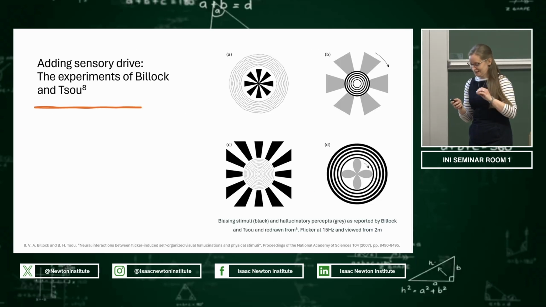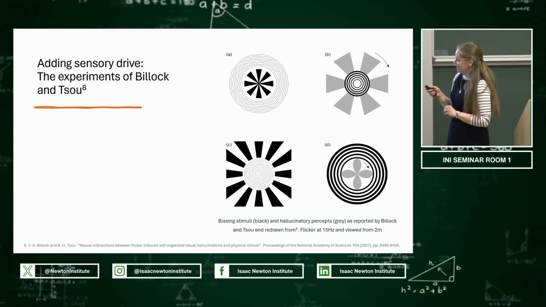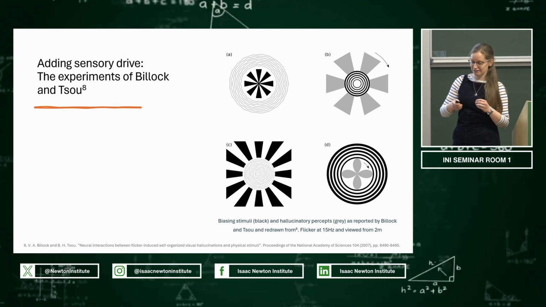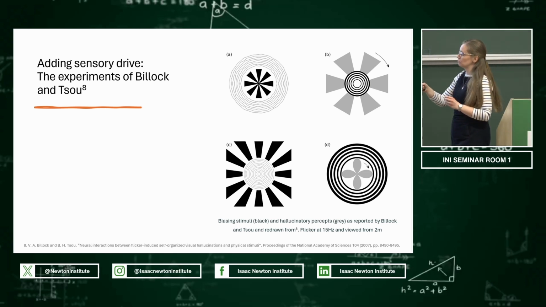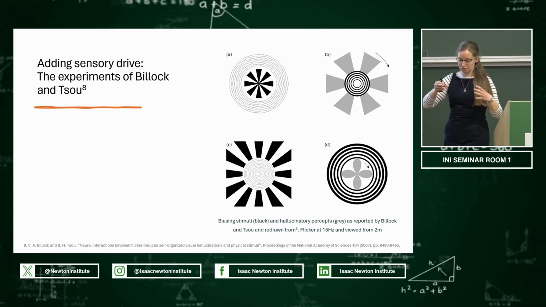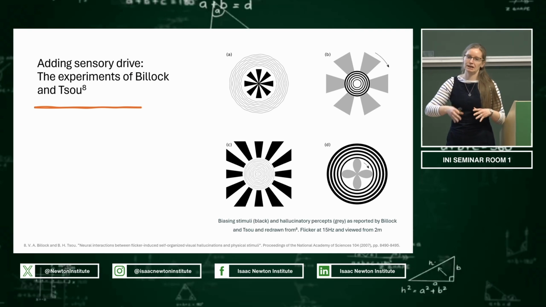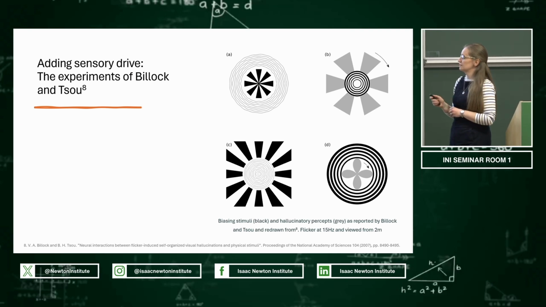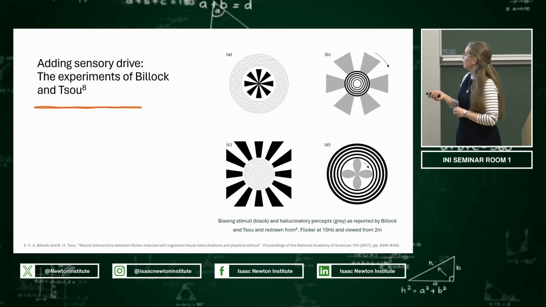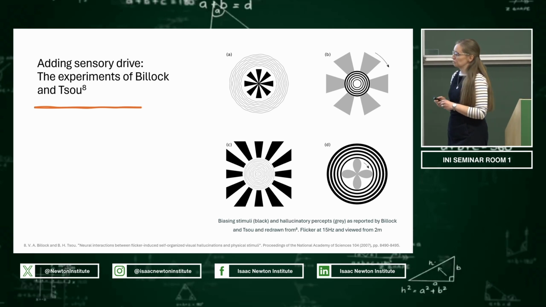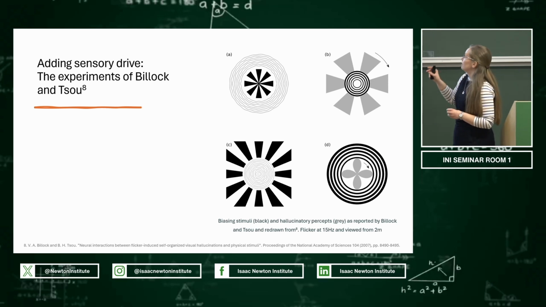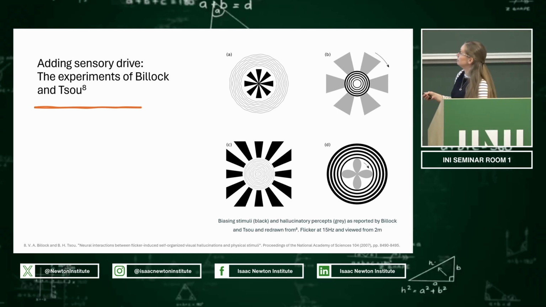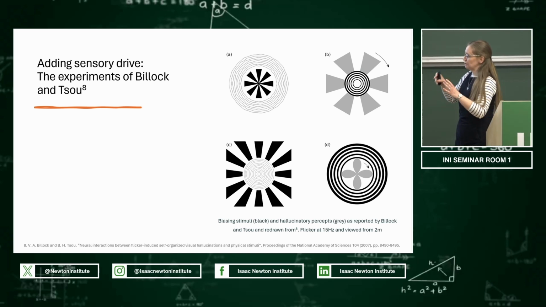So what am I interested in? If you want to add external forcing to this type of system, you've got to think about how the external forcing is going to interact with the pattern that the system itself wants to make naturally. And so some psychophysicists, Billock and Tsou, around 2007 decided that they wanted to investigate this by showing a seed pattern to their participants in their experiments and flickering the background.